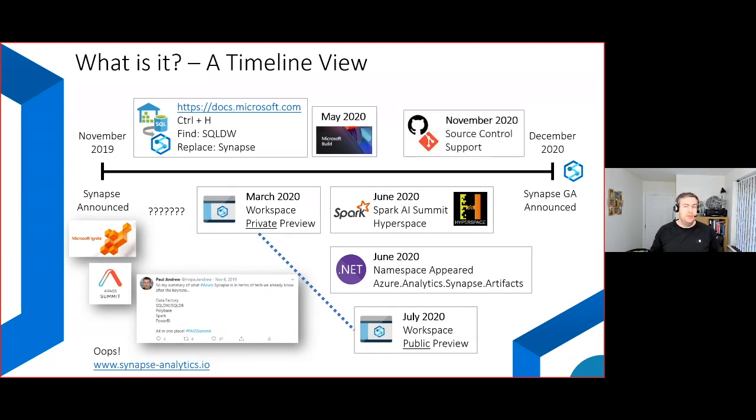Then to complete my timeline, in November of 2020, a full year on from the announcement, we had source control available. And for me, this is quite important, because it's one thing to be able to look at that workspace and look at what's in this product. It's another thing to look at the code that's been produced that goes into your repository.